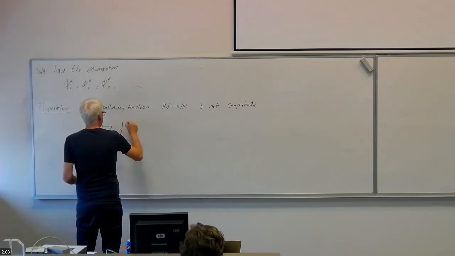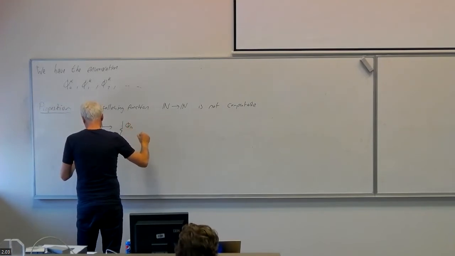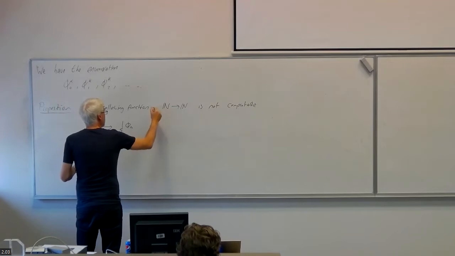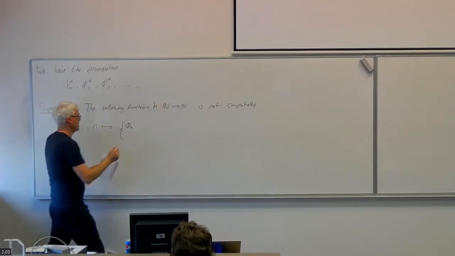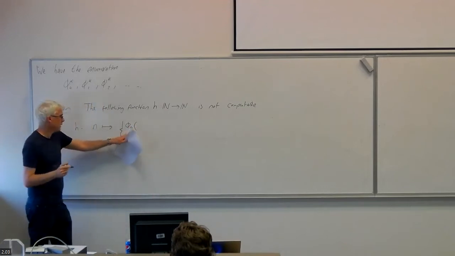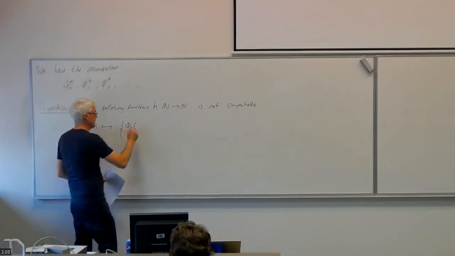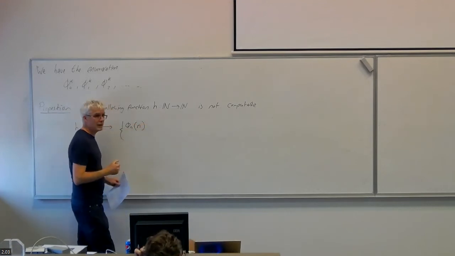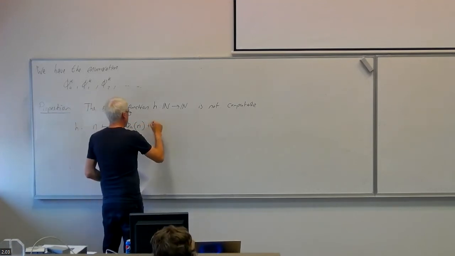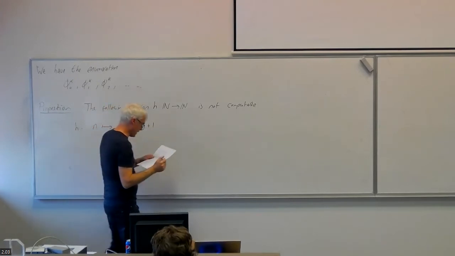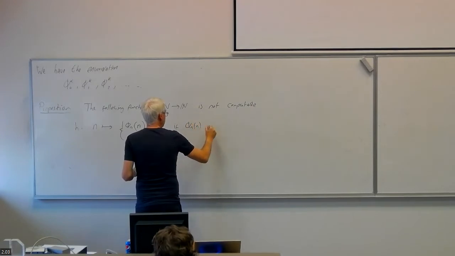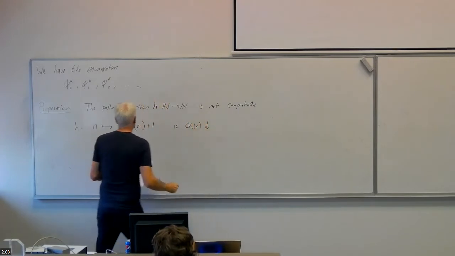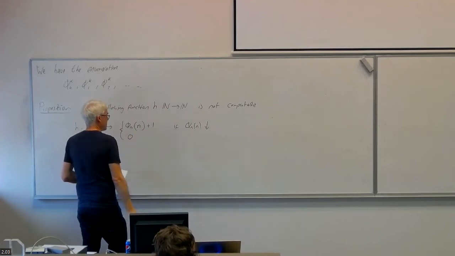Let's call it h. So h is going to map n to the nth computable function applied to the argument n, and we'll add 1 to the result of that if phi of n is defined. And otherwise, we'll map to 0.